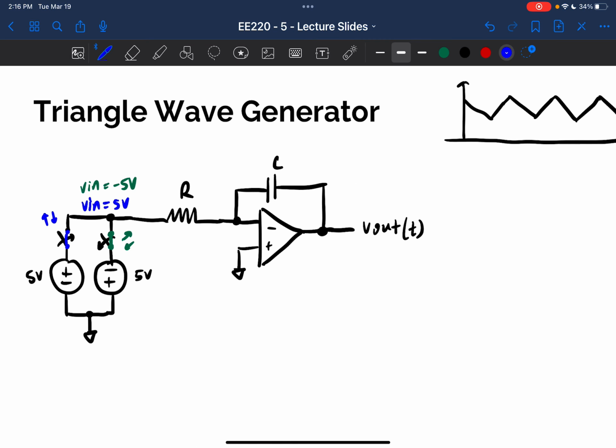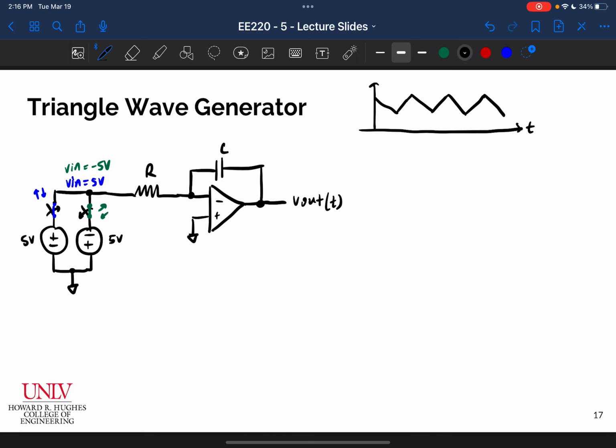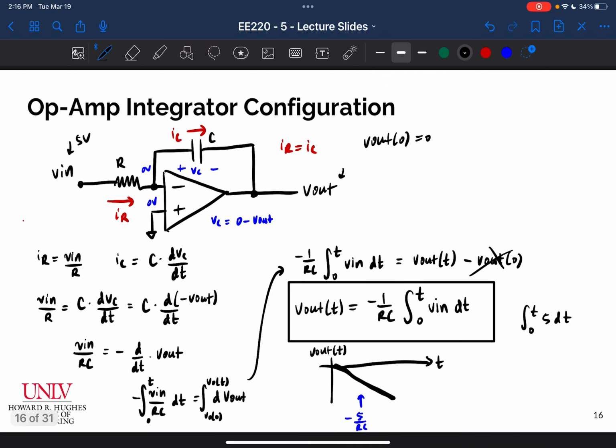Okay? So if I were to do that, then what would happen? Let's go case 1: the blue switch is closed. And what would I have? Let me look at my previous slide.